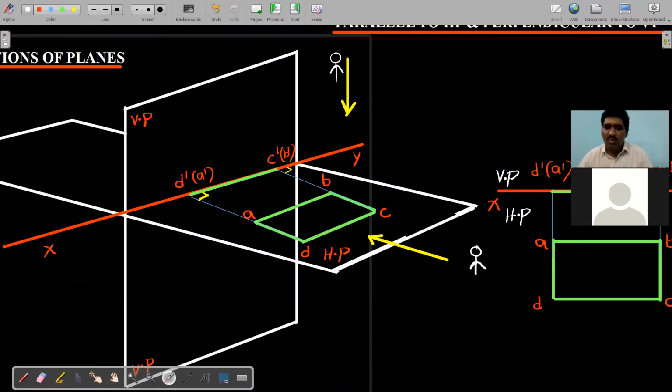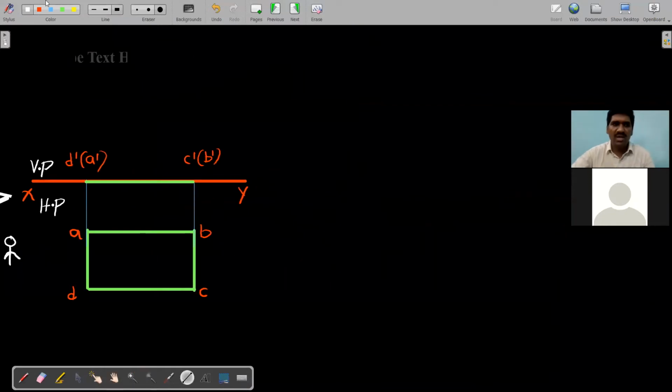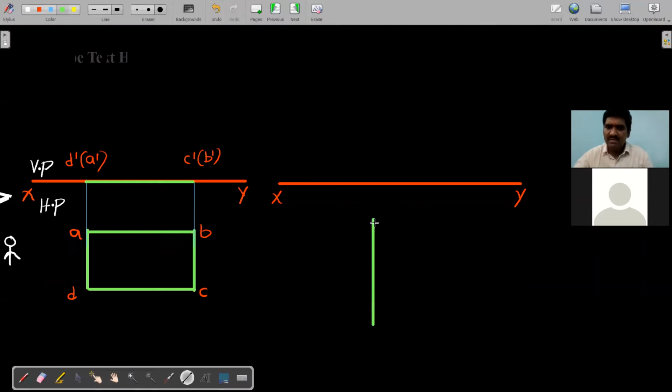Okay, I'm having one more question for you. I'm having one more way of drawing the same question. For example, just see, sir, I will draw the pentagon in this way, sir. XY. Okay, sir, not pentagon. Sir, I will draw a rectangle like this, sir. All of you, if you draw a rectangle in this way, what happens? The entire problem will be changed.